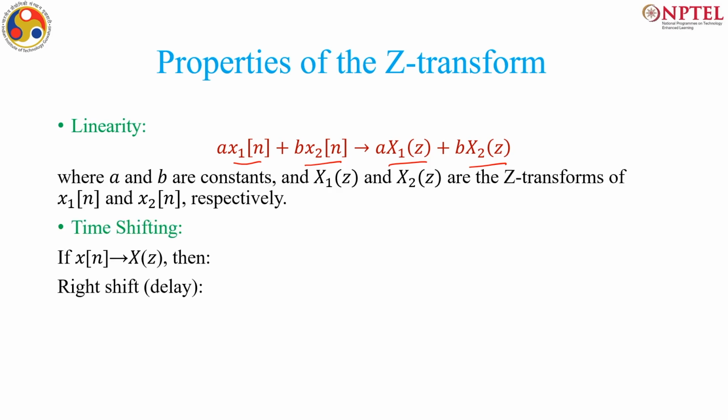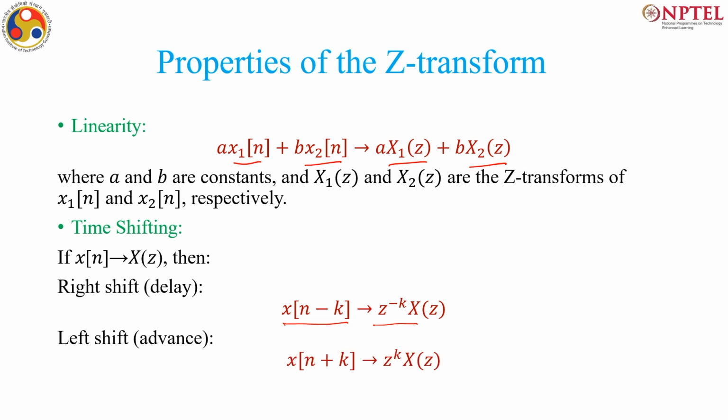Similarly, time shifting. So, if I right shift or delay the signal by some amount k samples, it is multiplied by a factor z power minus k, just like e power minus j omega k was multiplied in the case of Fourier. And similarly, advancing the signal or left shift will result in z power k multiplication.